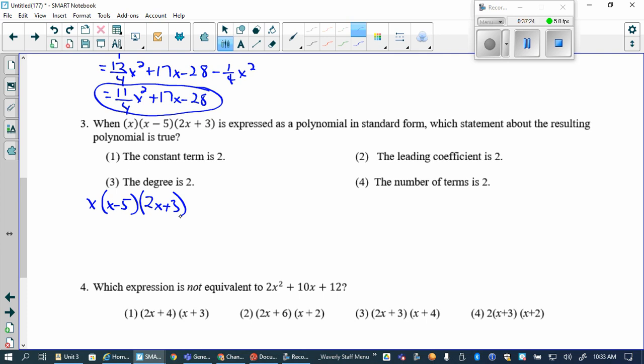Does it ever matter what order you multiply things in? It doesn't. So everyone multiply through whatever way they want to do it. Okay? And then see if you can answer. So the only way to answer these is to actually get a nice trinomial standard form, okay? Now, distribute. If you want, you can start distributing the x through. The 2x plus 3 will just go along for the ride, right?